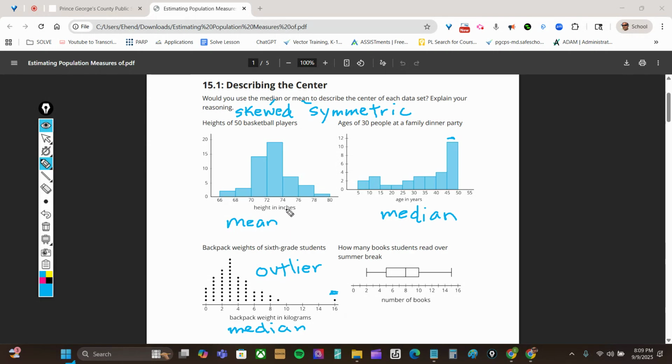And like the basketball player graph, this histogram of books students read over the summer is pretty balanced, so we would use the mean.